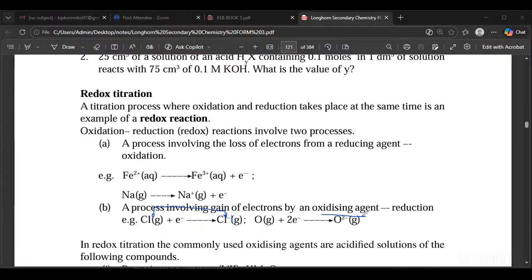Now, from form 2 to form 4, we tell you reduction is gaining of electrons, oxidation is loss of electrons. And I normally use this formula everywhere. Let me just write: OIL RIG. I don't know if you have ever heard of this formula before?